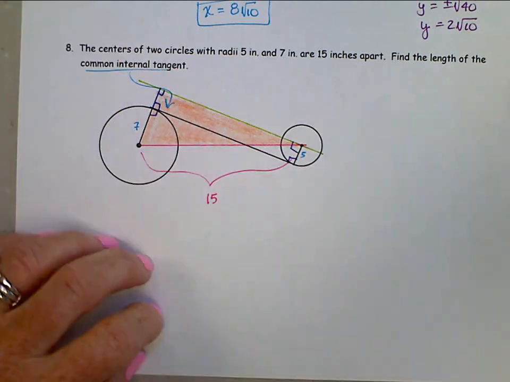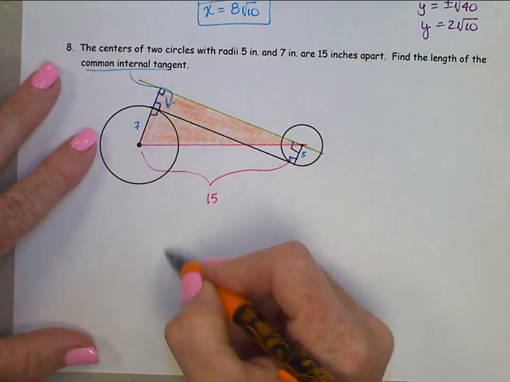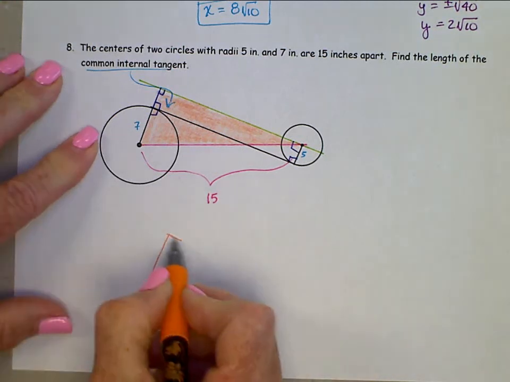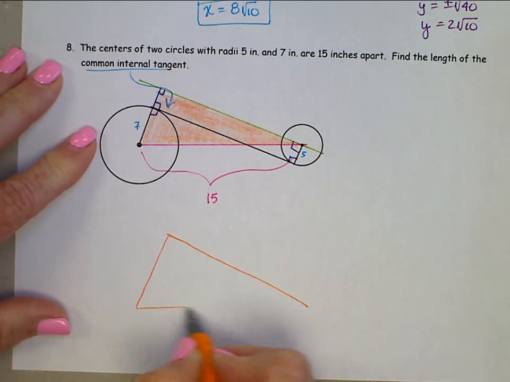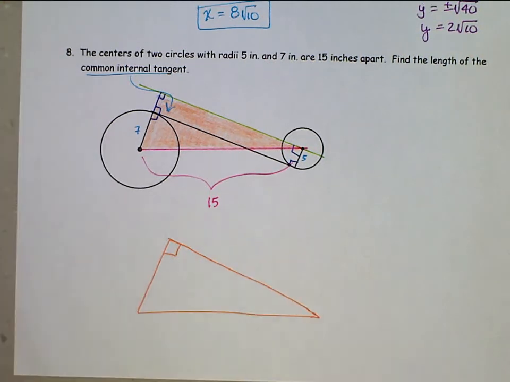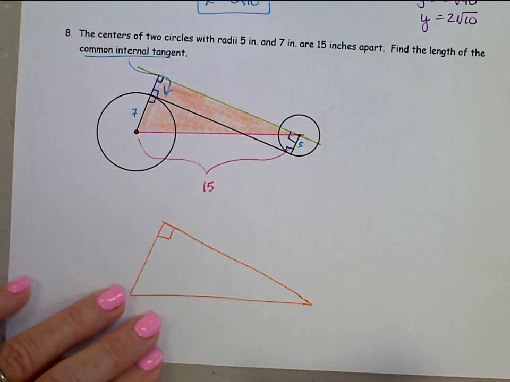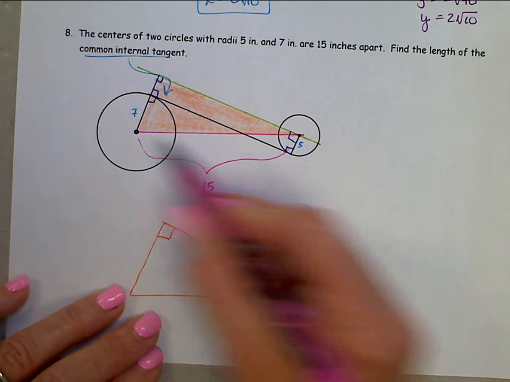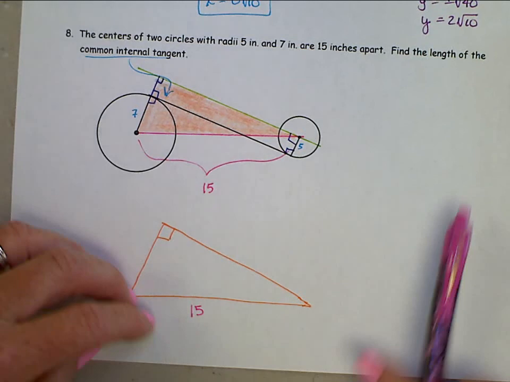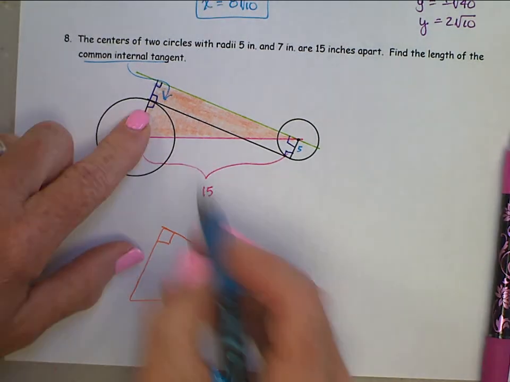All right, let's trace or copy that big right triangle down here. And we're going to transfer some measurements. This 15, that's on the hypotenuse. 15 here. And we want to find the length of the common internal tangent, which was this line that was right in here.